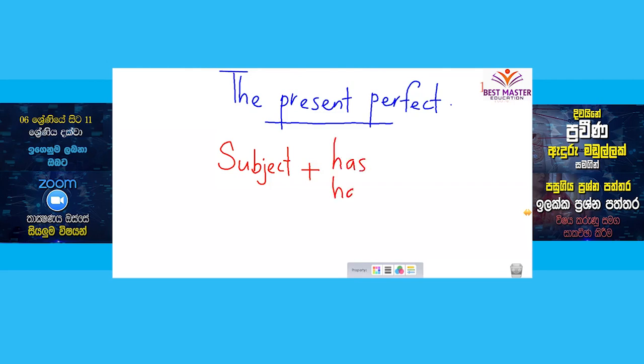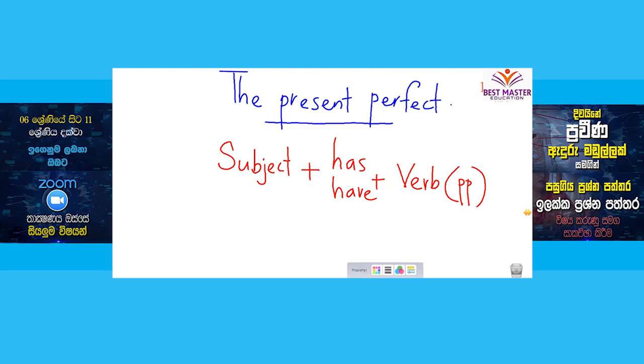You know it very well now. After that, the verb, V-E-R-B, verb, but I put here P-P. What's the meaning of P-P? P-P means past participle verb.